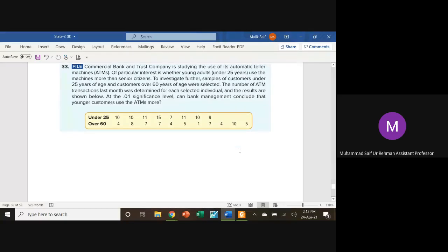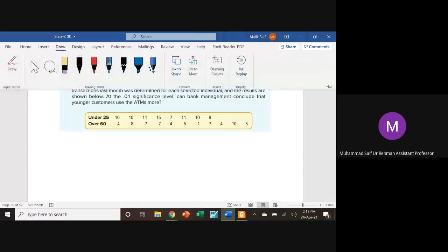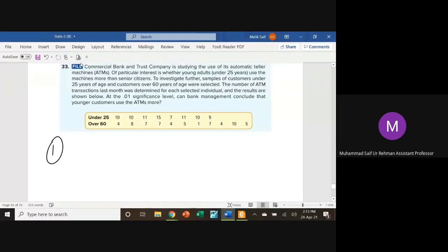Definitely, I am not going to write down each and everything right now because you are familiar with many things. So simply, I'm going to write down one. So you write down null and alternate hypothesis. It is in this case, as we are talking about average, mean, or average, so you will write down mu.